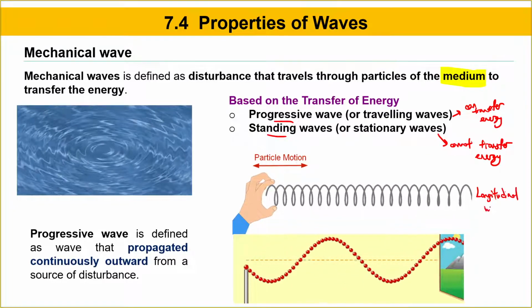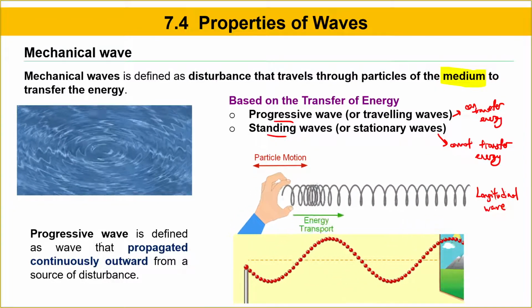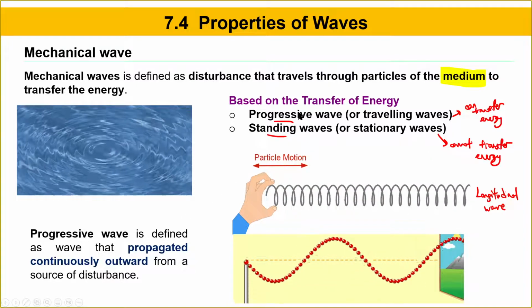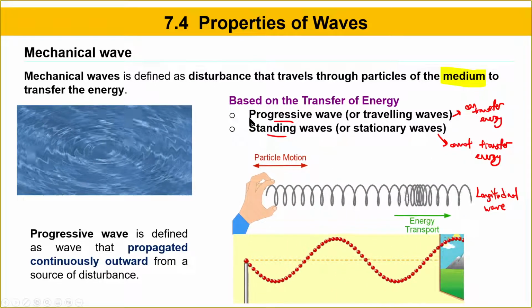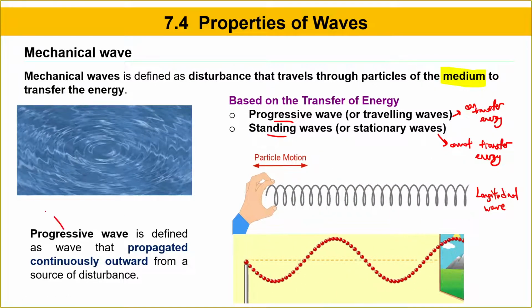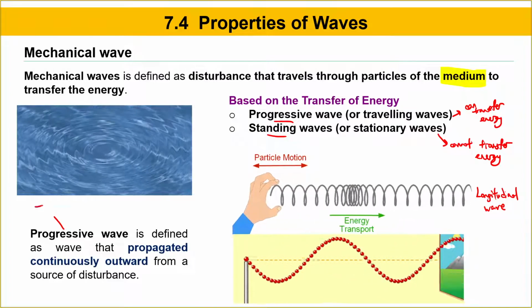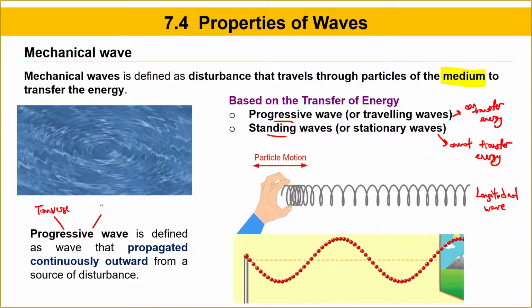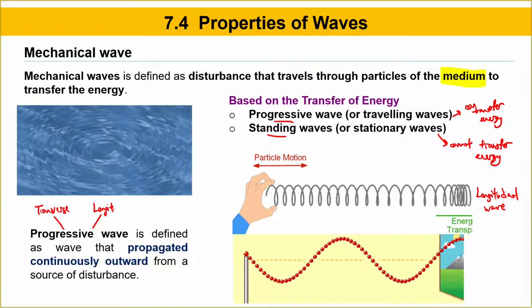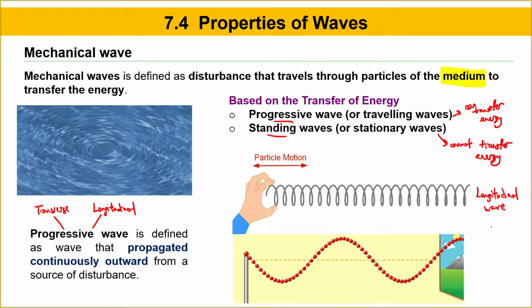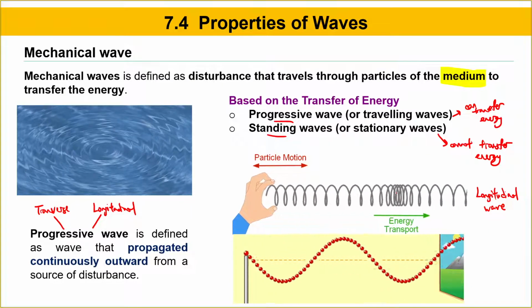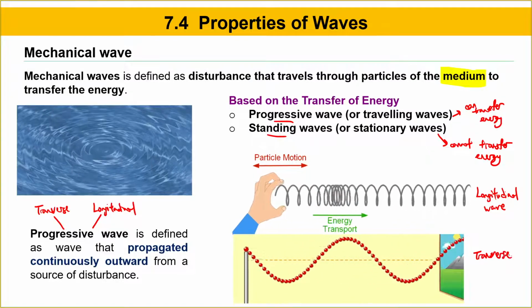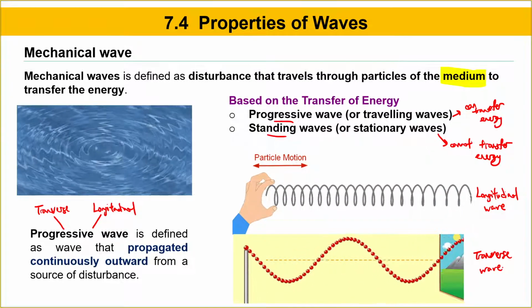We are talking about progressive waves right now, and progressive waves also have two types. So the first one, as you can see, is the longitudinal wave. The second one is called the transverse wave. What's the difference?